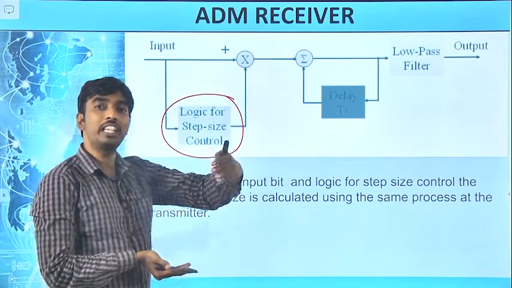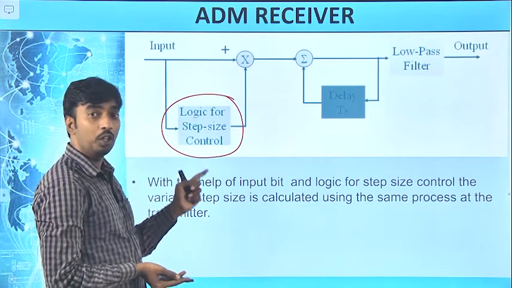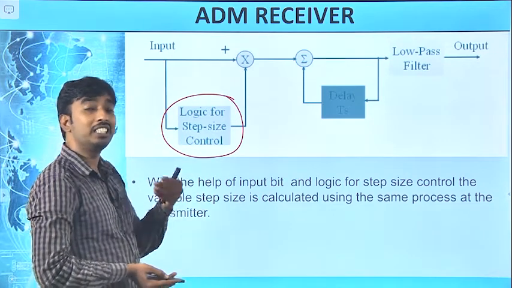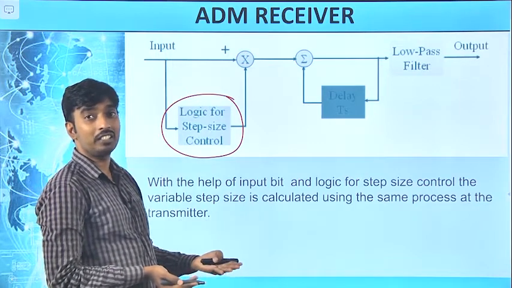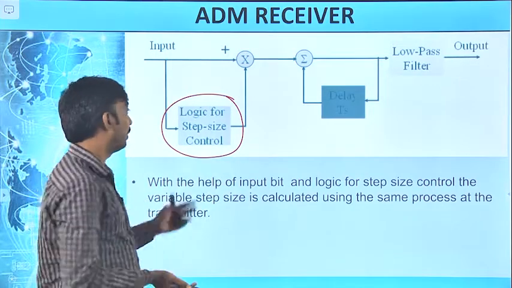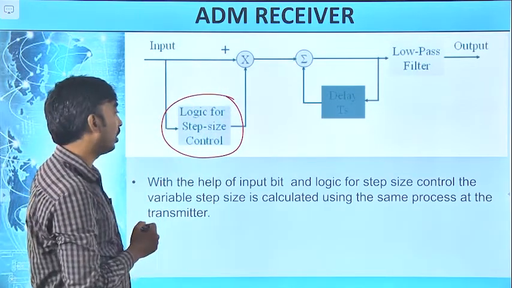By using the same block at the receiver, I am going to eliminate the additional step sizes in the waveform, right? By using this logic block.